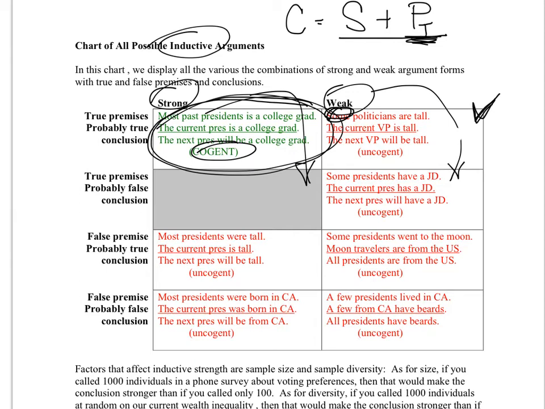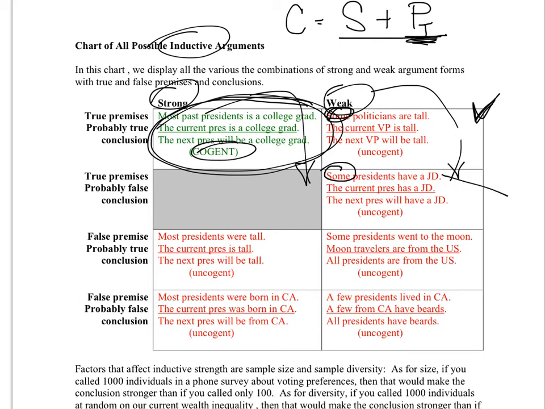And just to go to the next argument, again, the word some is used. Some presidents have a law degree, a JD. The current president has a law degree. As it happens, this all happens to be true. So some presidents have a law degree.